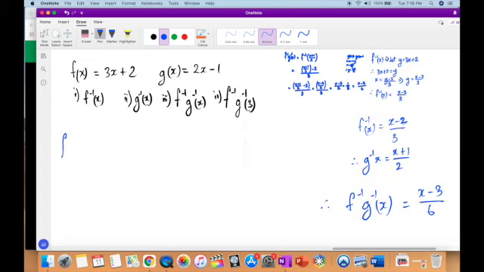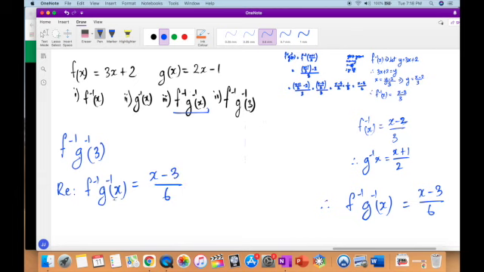The f inverse of the g inverse of 3. Now, I already worked out the f inverse of the g inverse of x, which is simply x minus 3 over 6.